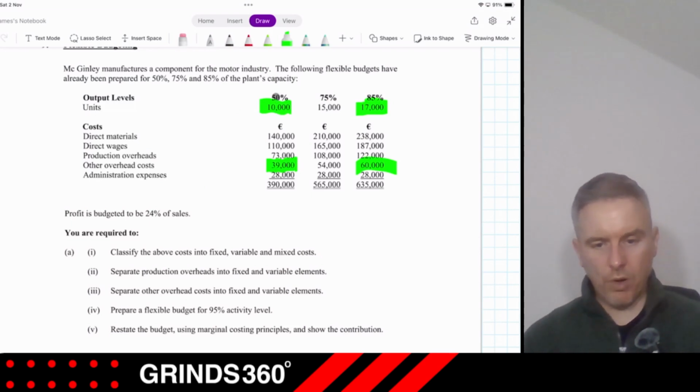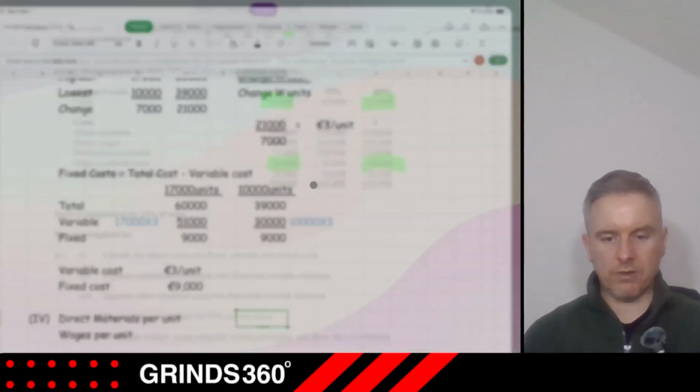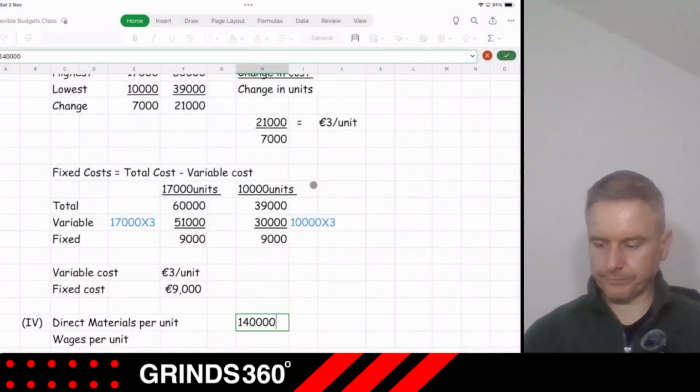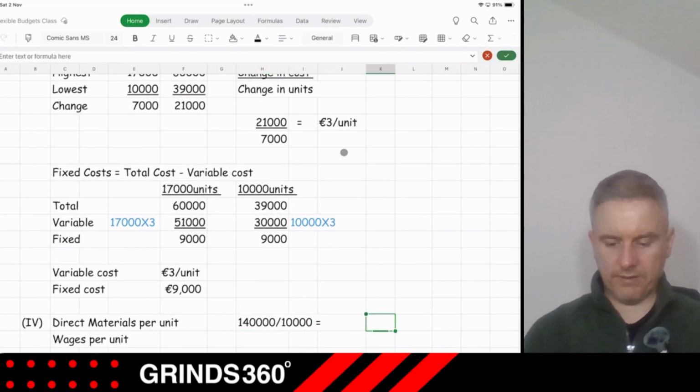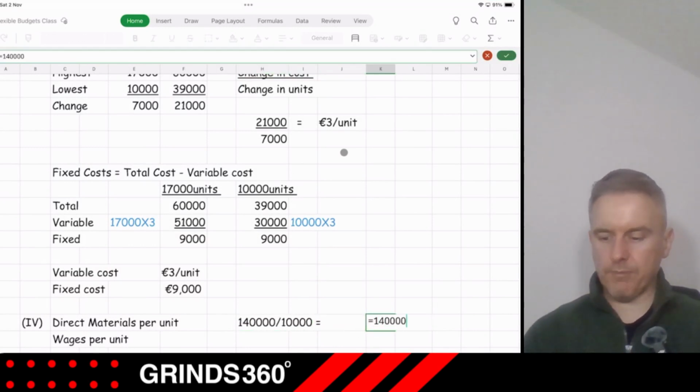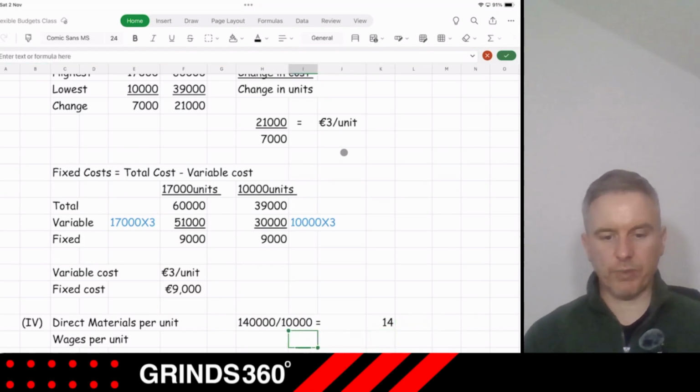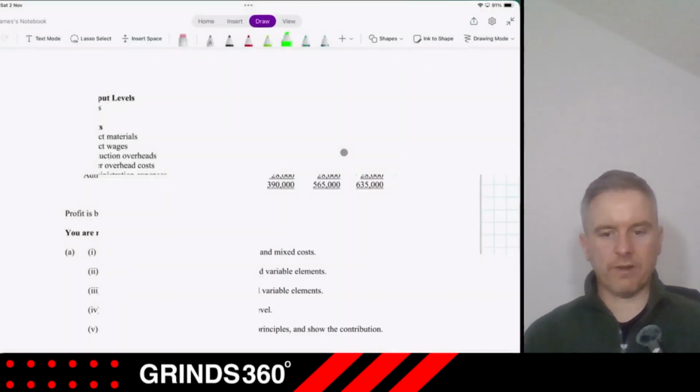So you know you're always going to go to this first column. You're going to take your 140,000 and you're going to divide it by the relevant number of units, 10,000. Don't overcomplicate it. Just keep it nice and simple for yourself. So that's €14 per unit. Take your wages figure then.